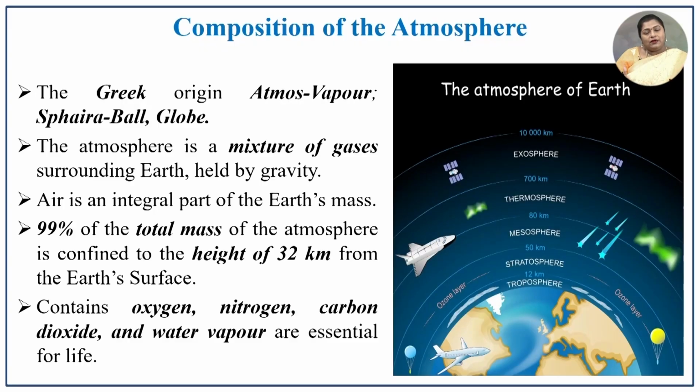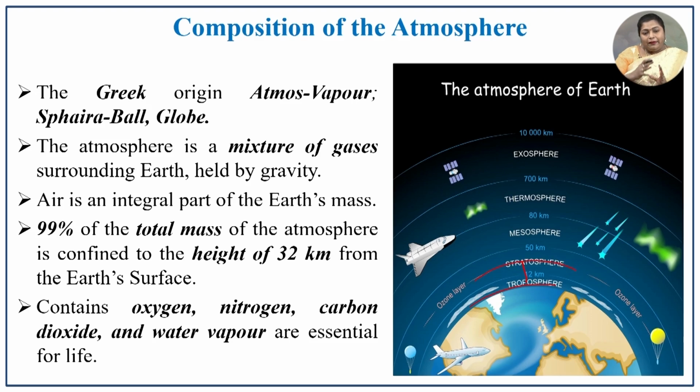It is held by the pull of gravitational force, and air is the integral part of the atmosphere. 99% of the total mass of the atmosphere is confined within a height of 32 kilometers from the earth's surface.